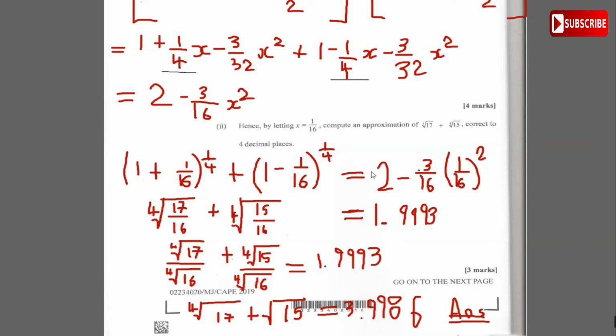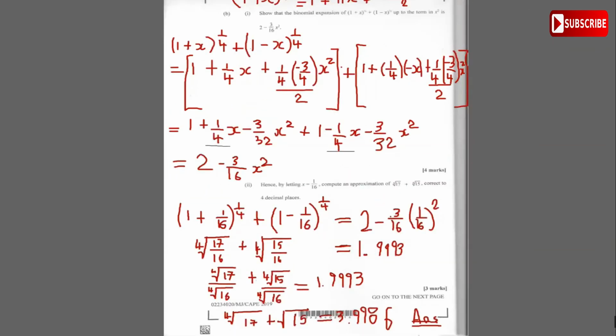Moving right along. This question says, a function h of x is defined on the interval 0, 1. It says, show that h of x has a root on the interval 0, 1. To show that h of x has a root on the interval, we need to use IMVT, intermediate value theorem.